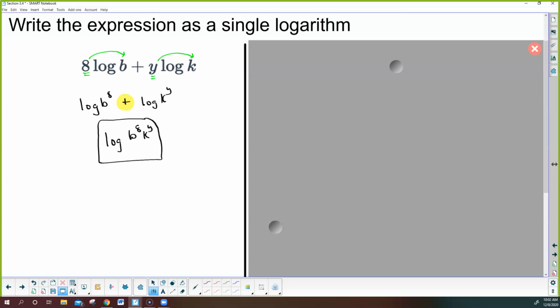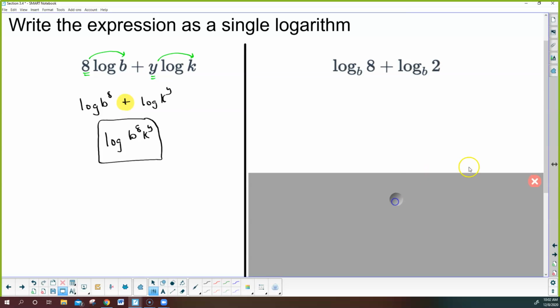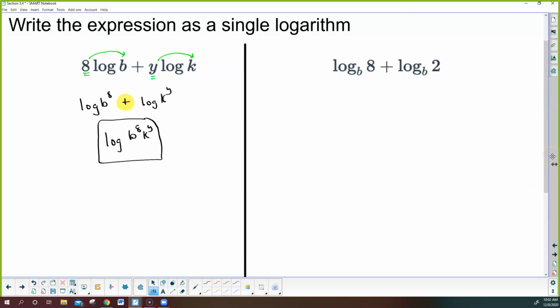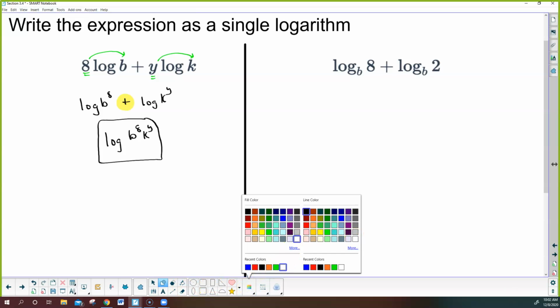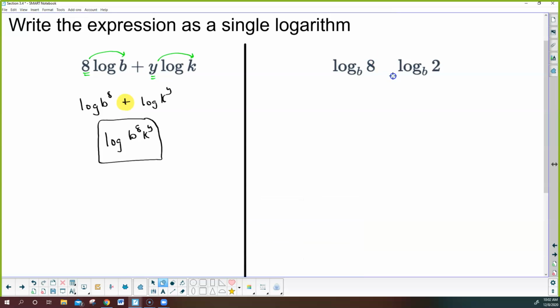All right. So I would like you to do, actually, you know what? We're going to change this one. Hold on one second. I would like you to do this one, and I'll tell you, this is kind of how Delta Math is going to work.